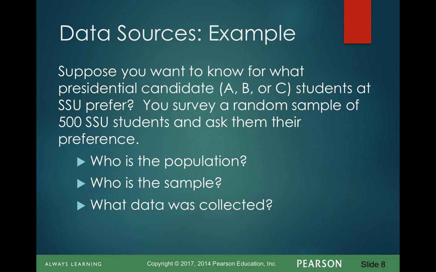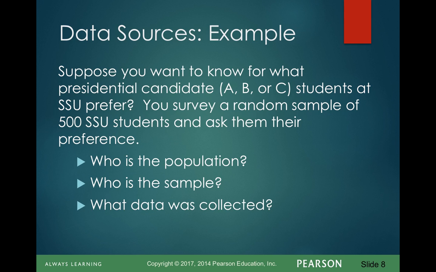So, an example: suppose you want to know which presidential candidate, A, B, or C, students at SSU prefer. So we survey a random sample of 500 SSU students and ask them their presidential candidate preference.